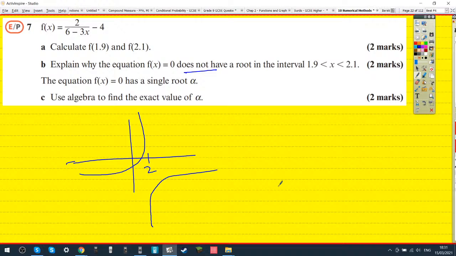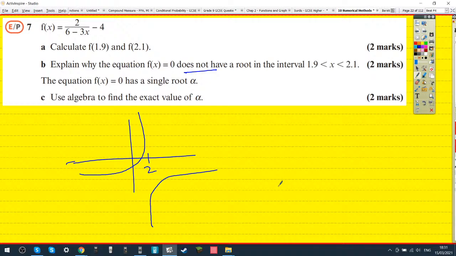Why is there a sign change? Because at one point the lines are positive, at another point the lines are negative. Yeah, and so if the sign changes, why is there no root? How is it possible that the sign changes without there being a root?